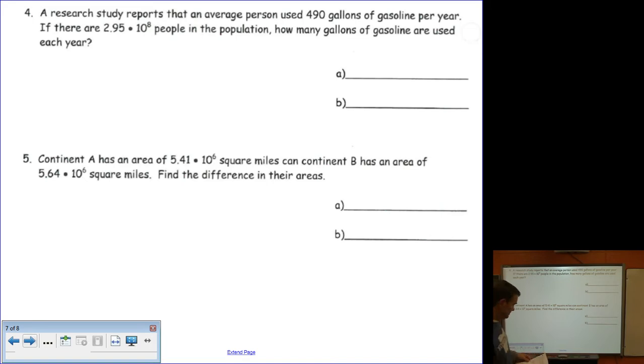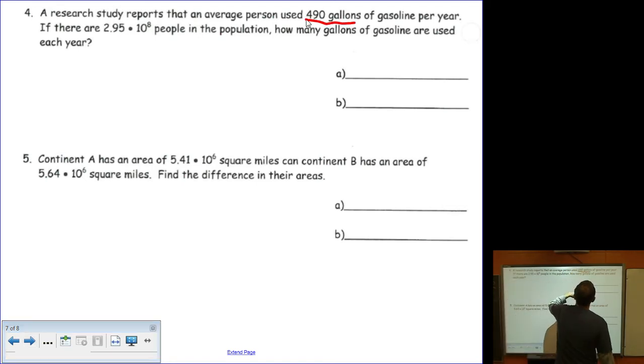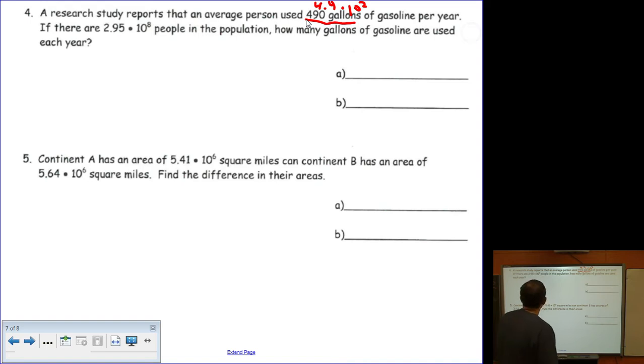Number 4. Number 4 says a research study reports that an average person used 490 gallons. So 490 gallons would be 4.9 times 10 to the second of gasoline per year. And there's that many people, 2.95 times 10 to the 8th. So let me read this again.